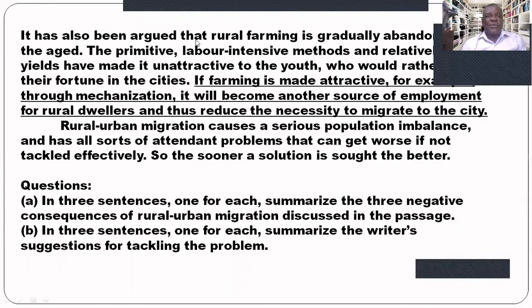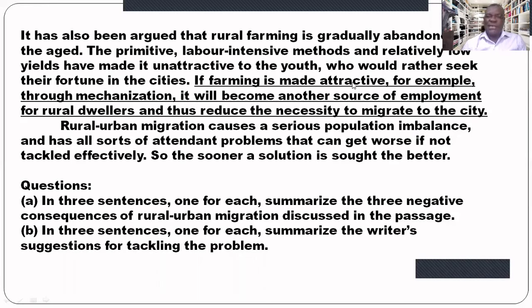It has also been argued that rural farming is generally abandoned to the aged. All right? The primitive labor-intensive methods and relatively low yields have made it unattractive to the youth, who would rather seek their fortune in the cities.